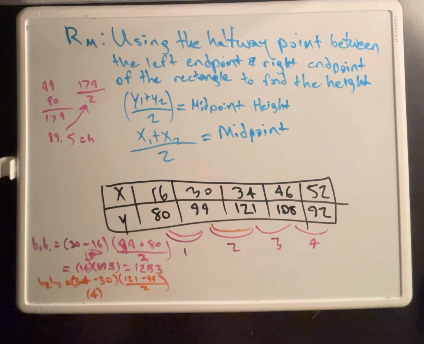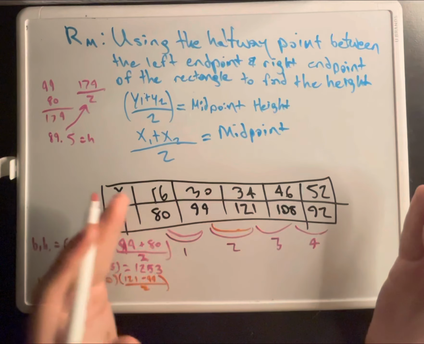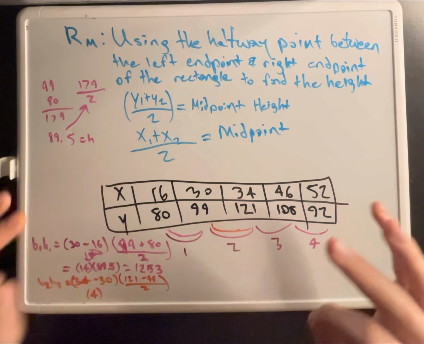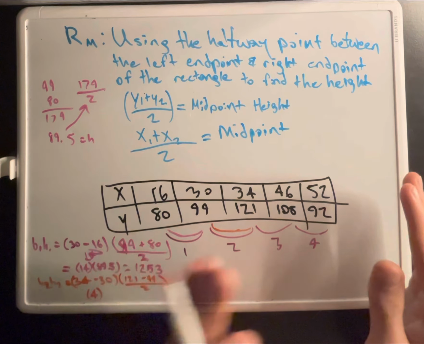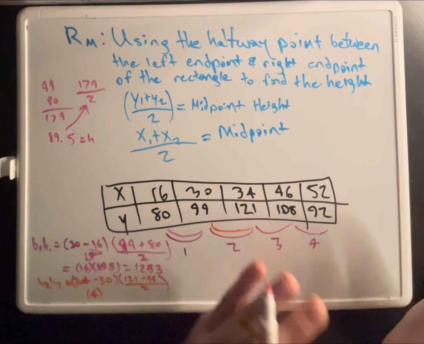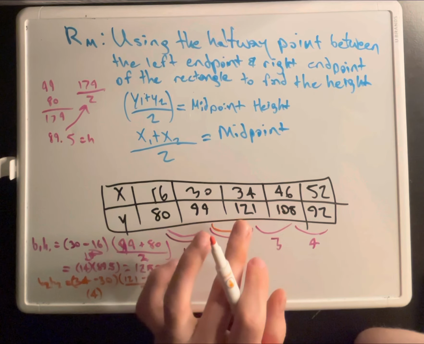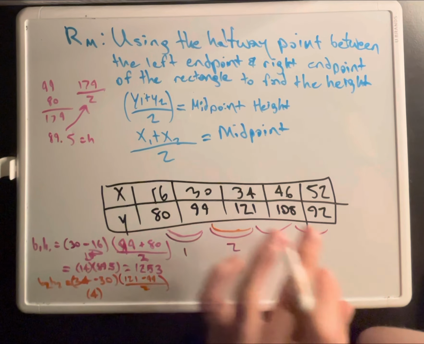It's a lot smaller base. So yes, as you can tell, these bases will change in value because they like to do that. But then also, as you notice later, these heights will be very differing. So like up until 34, we have an increase. And then once we hit 34, it's a decrease.